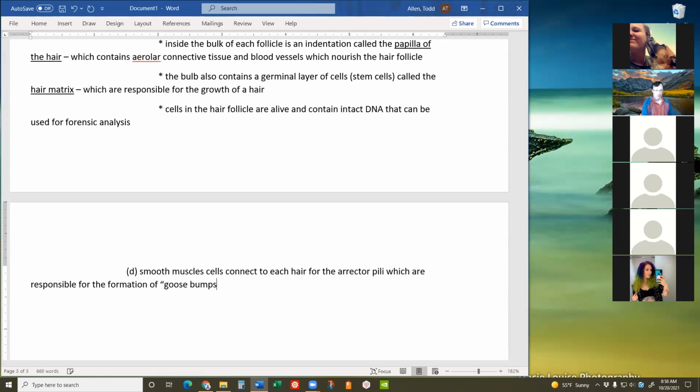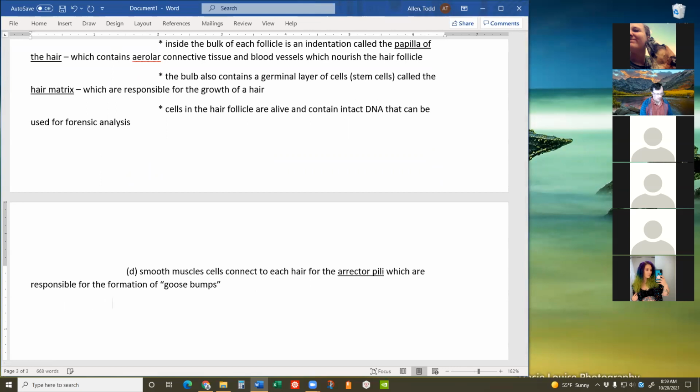If you're scared at Halloween or you're cold because it's getting chilly outside and you find goosebumps developing on your skin, it's due to the contraction of the erector pili, smooth muscle tissue in the fabric of your dermis. I'm going to highlight erector pili. Everything I'm highlighting here is important vocab, folks.